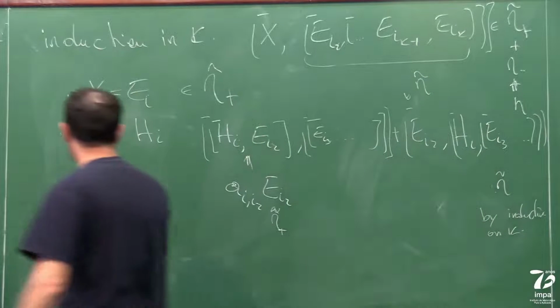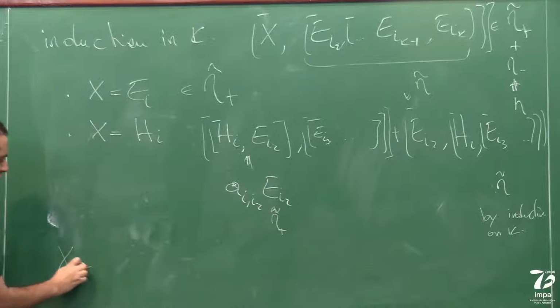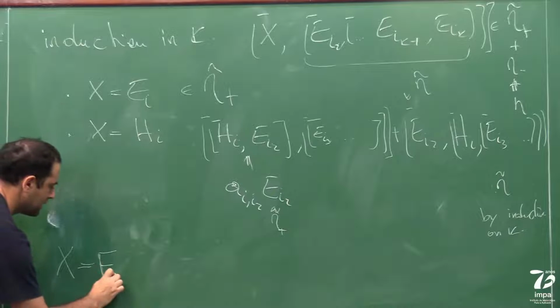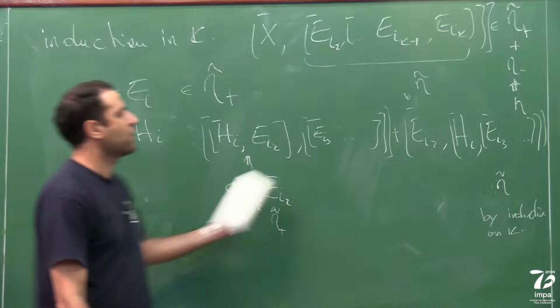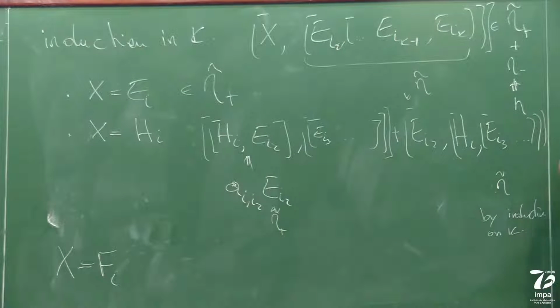The last remaining case is the only non-trivial one, which is when x is equal to fi. So if x is equal to fi, I'm going to use the same thing. Let's keep the relations here: [hi, ej] and [hi, hj].